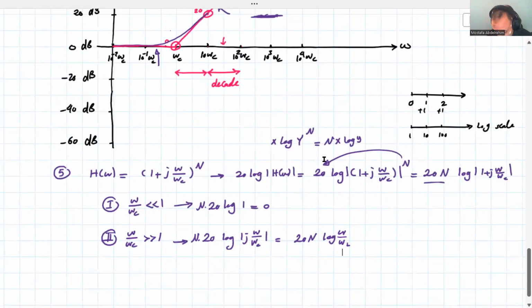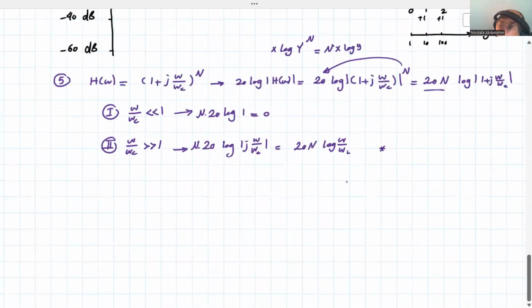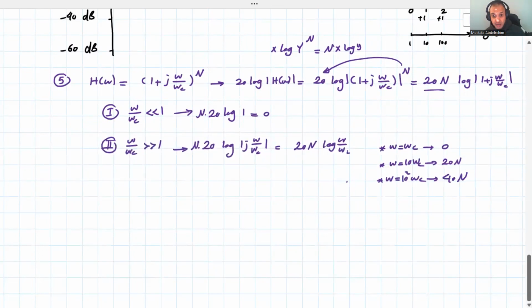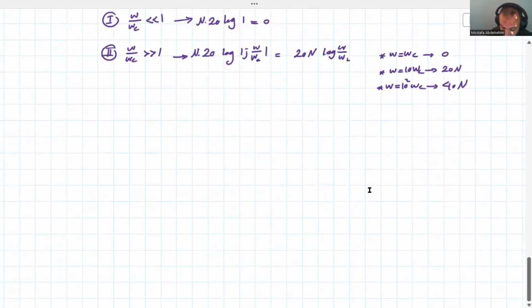I'm sorry, there is an n here. Then we put cases as usual. For omega equal to omega c, that will be 0, because log 1 is equal to 0. Omega equal to 10 omega c, this is 20n, since log 10 is 1. Omega equal to 100 omega c, that will be 40n. Again, if you want to draw it, it will be the same drawing.